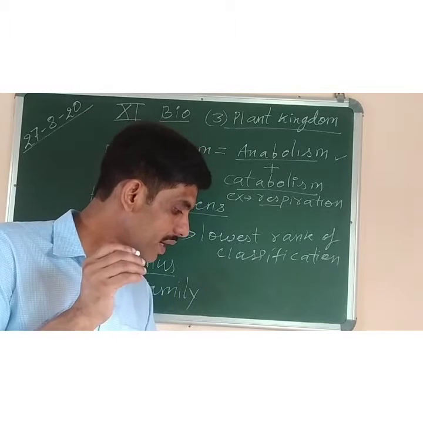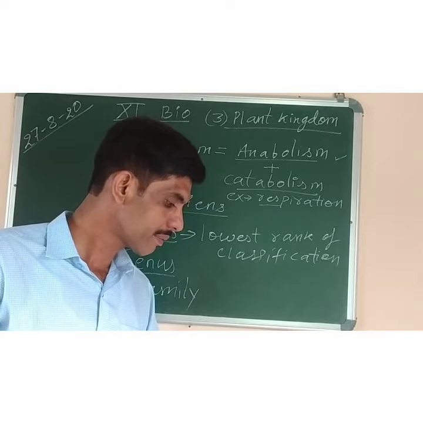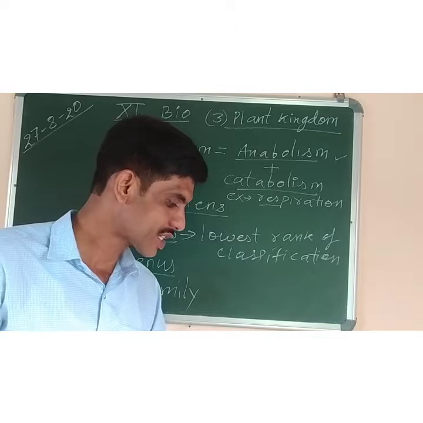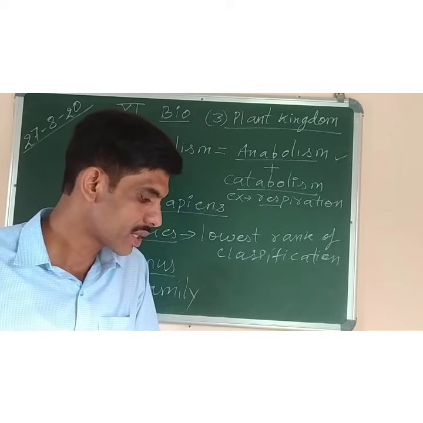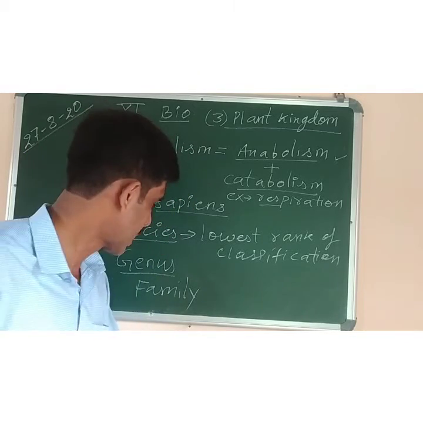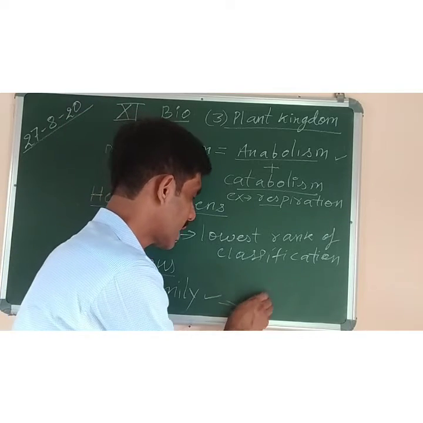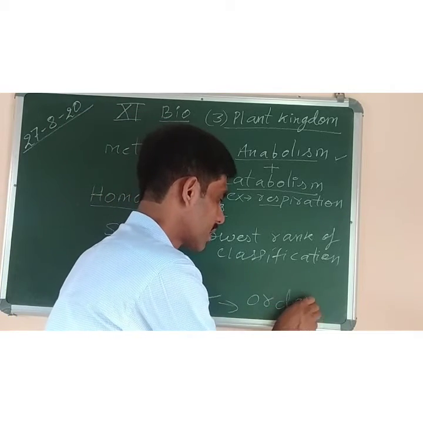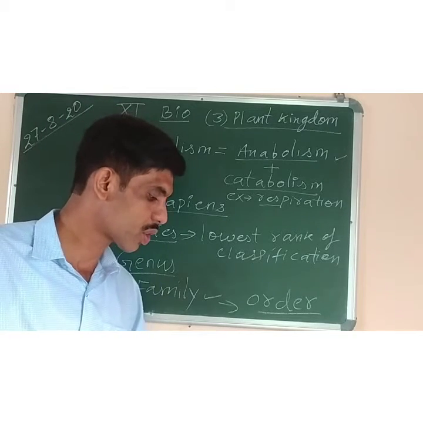So what is the definition of order? You can write: order is a rank in classification. It is a higher category in which the families which show similar characters are placed together, in the next rank of classification, which is called order.